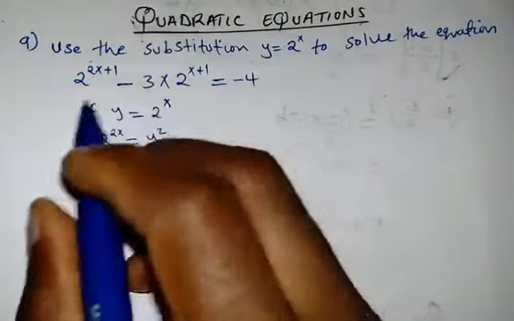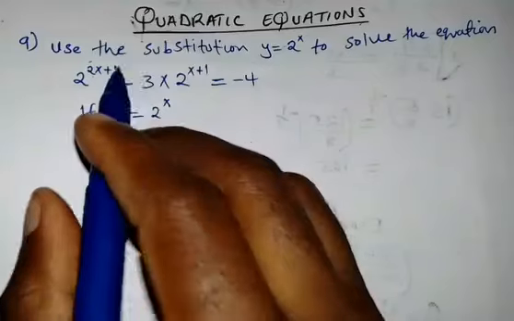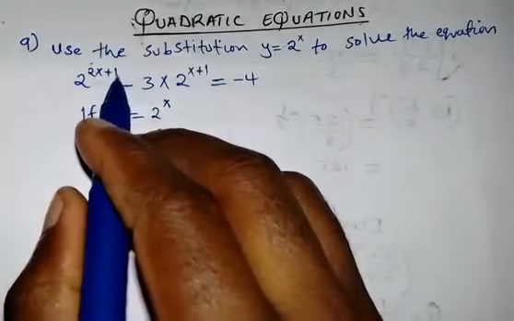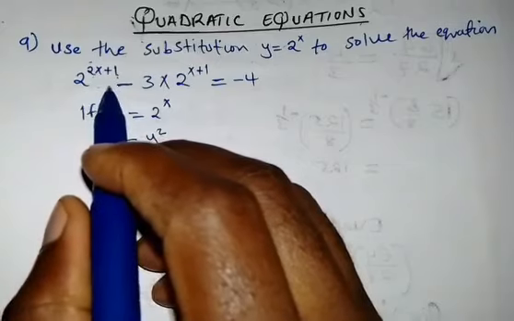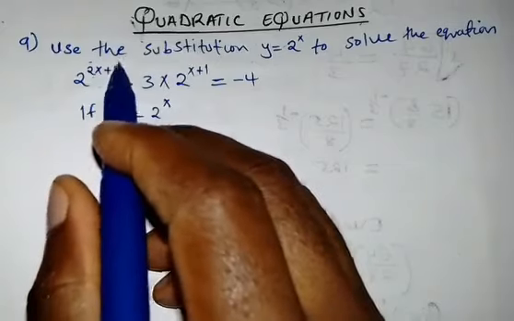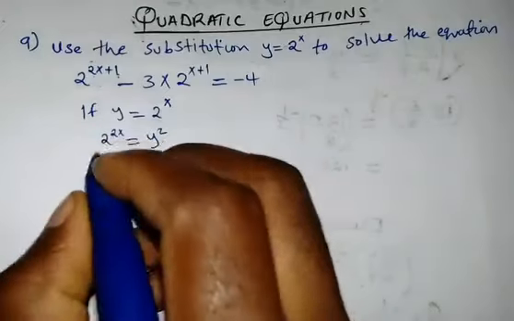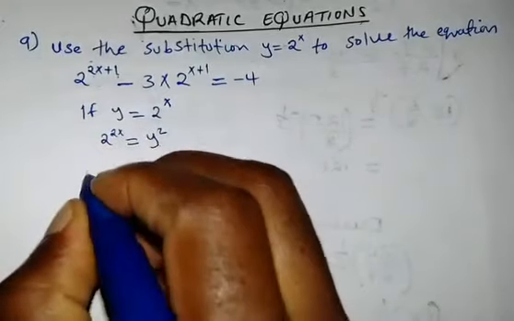So let us now replace with what we have. Remember, the base here is 2, so it was 2 raised to power 1. So let us now solve the equation.